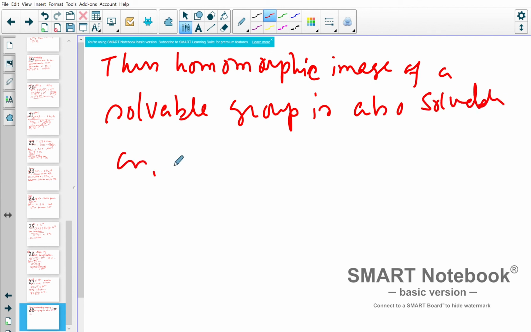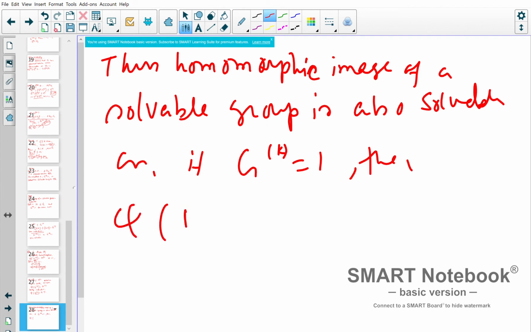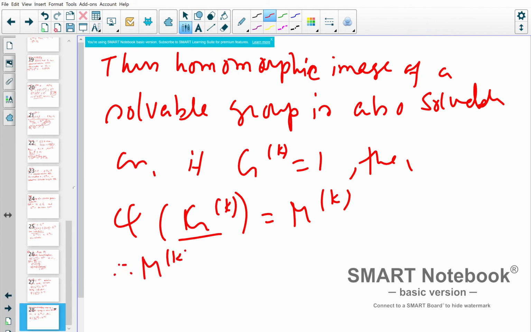As if G^(k) equals identity, then phi of G^(k) will be nothing but M^(k). But you know the image of identity is identity, so M^(k) equals identity, and M is solvable.